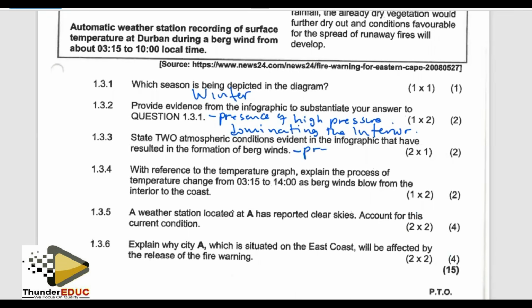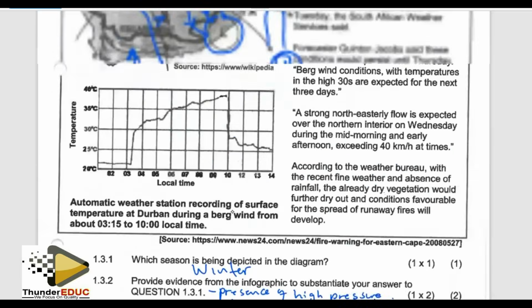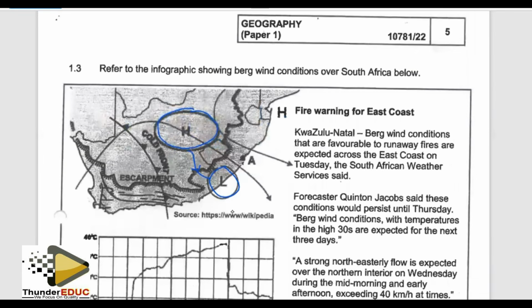That is why we say one of the conditions is a pressure gradient. What is pressure gradient? It refers to where the pressure is different between different places. For example, here you see we have a high pressure over the interior and a low pressure over the coast. This is what we refer to as pressure gradient.